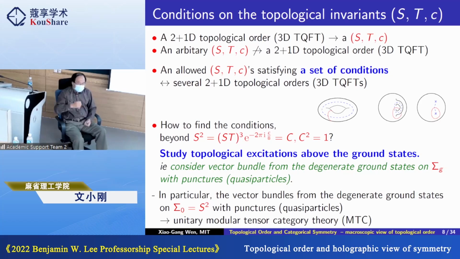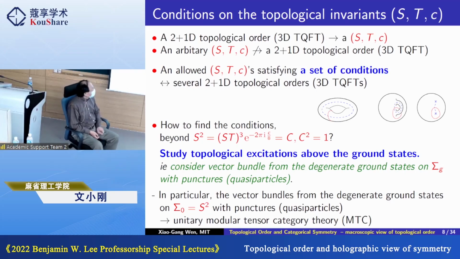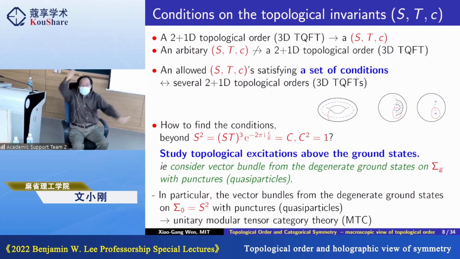To really address this question, one needs something more sophisticated. One needs to go to the study of topological excitations. Studying topological excitations is like studying space with punctures. For example, the torus can be viewed as a sphere with a handle. You can make the handle very thin and remove it, and you get a sphere with two punctures. Then hopefully the mapping class group representation of a torus becomes the braiding of punctures.